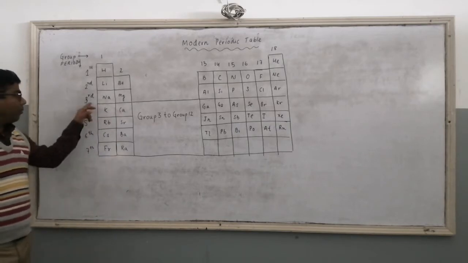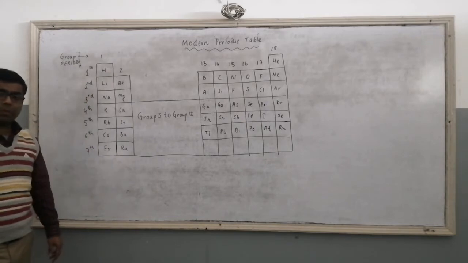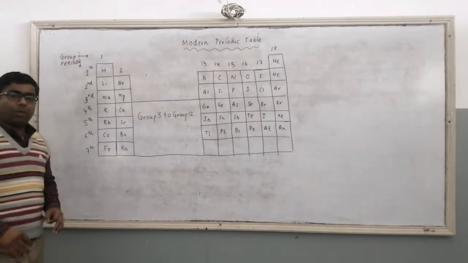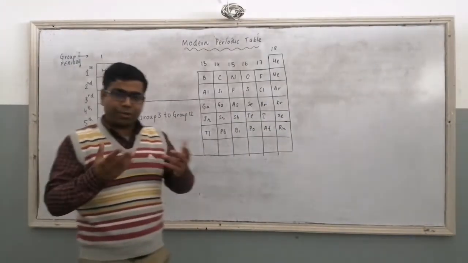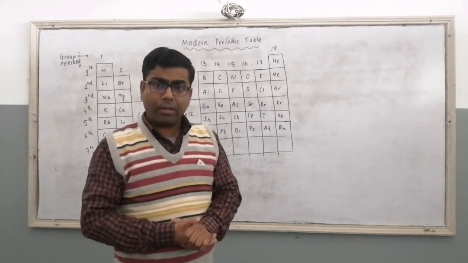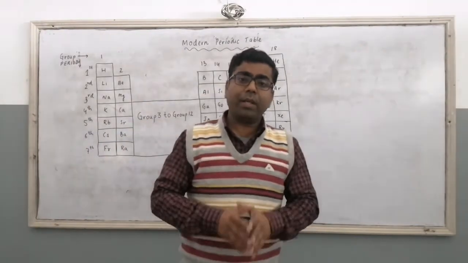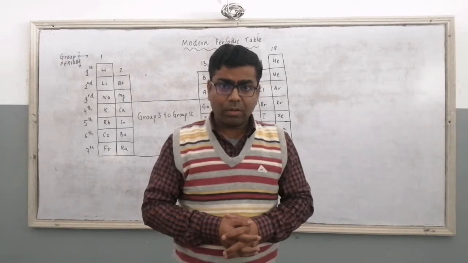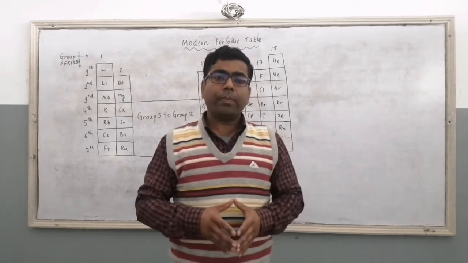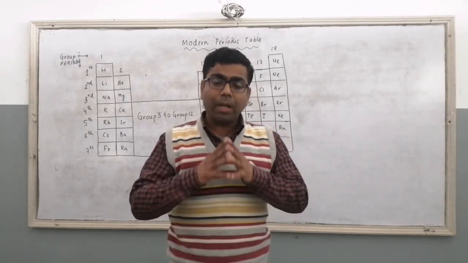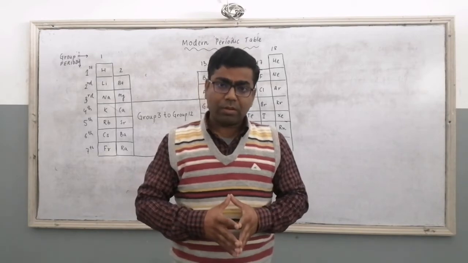Magnesium is a member of period 3 and group number 2. So in magnesium, the valence shell will be the third shell, and the third energy level will contain 2 electrons. So the group number gives us information about the number of valence electrons.